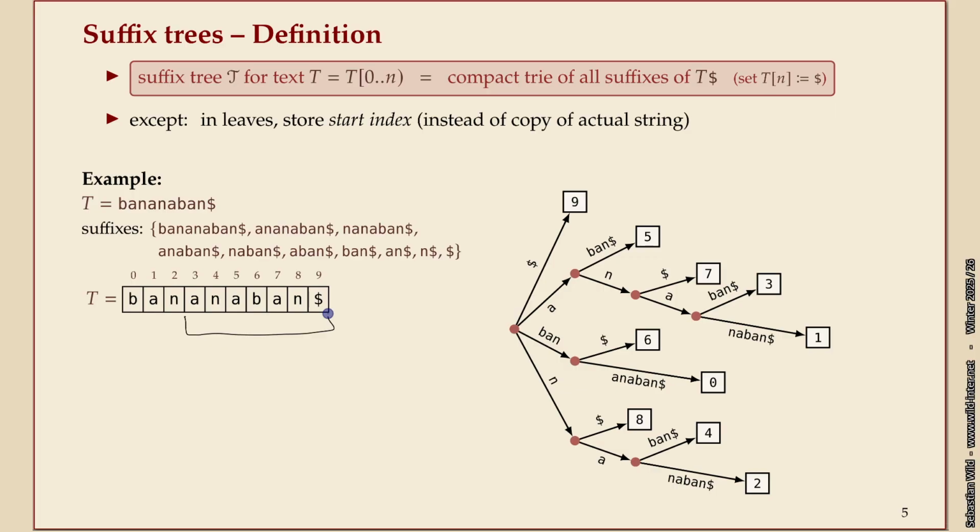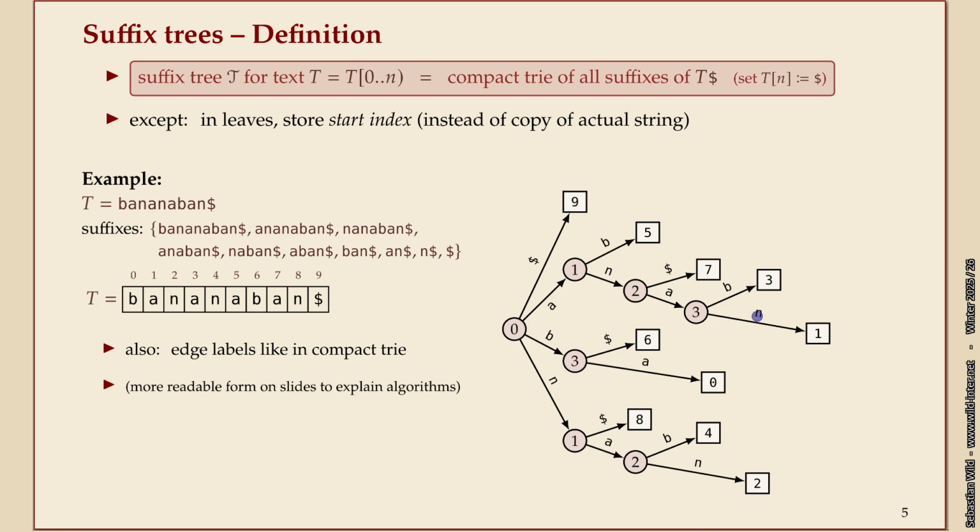And that's also what you can find here if you read from the root. However, remember, what it really looks like to the computer is this. So there are some parts here where you're skipping over characters that wouldn't be represented as edge labels. So you need to store the text separately somewhere. But we don't have to copy the text in all the leaves. These are just indices, a single number.